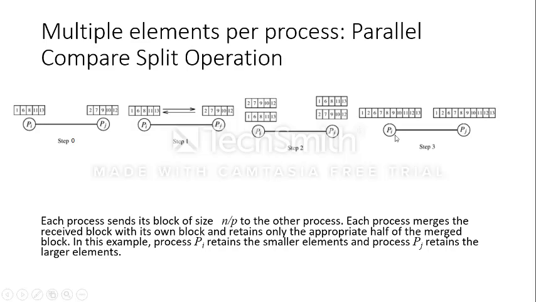Since we have assumed that the subscript i is less than the subscript j, the smaller values are retained by the process pi, while the larger values are discarded or deleted from the buffer of the process pi, and hence they are not sent back towards the process pj, but are simply discarded, just like the parallel compare exchange operation.